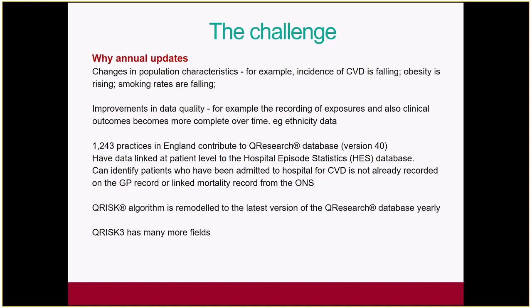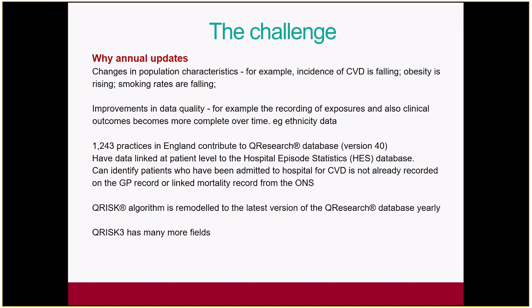Now our population changes over time, so for example our obesity rates are rising, yet our smoking rates are falling. This means that in the QRISK algorithm, that makes a difference to how the formula works. Alongside this, we have improvements in data quality.